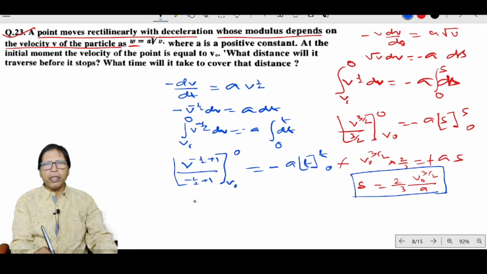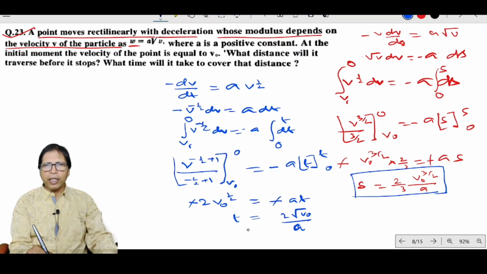So the negative sign of 2 into v naught to the power half equals a t. Now this and this cancel out, therefore t equals 2 root over v naught by a is the time at which the velocity of the particle becomes 0.